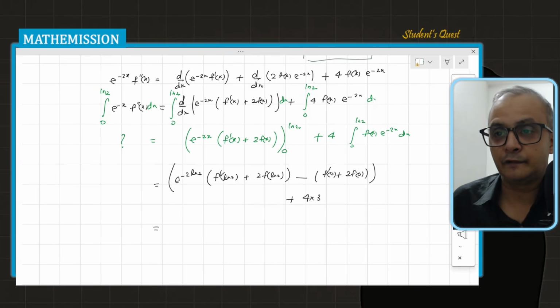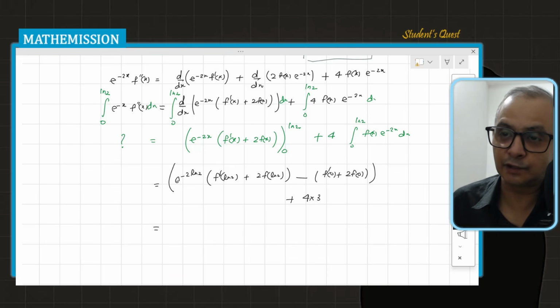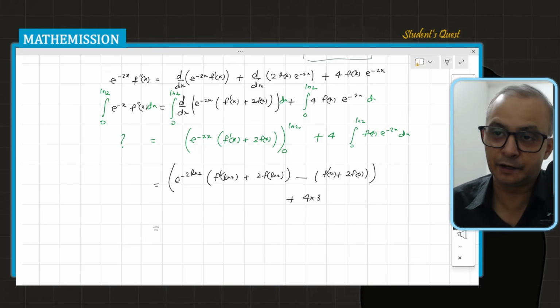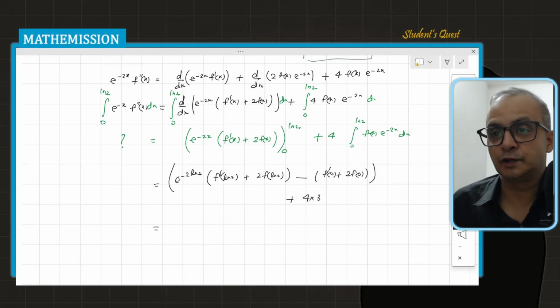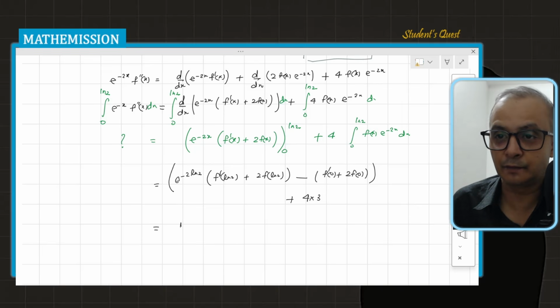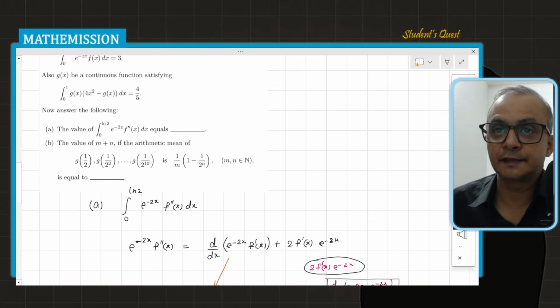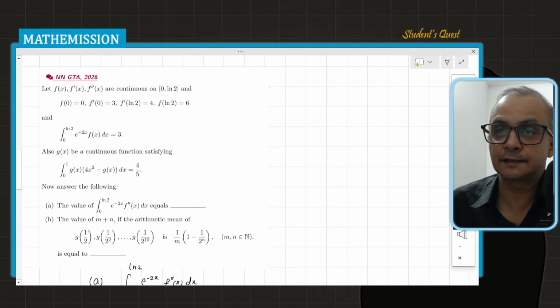And now we will evaluate this thing. So this is going to give us what? This minus 2 will jump on the powers, it will become e to the power log 1 by 4, that is 1 by 4. F dash log 2 is given to us as 4.